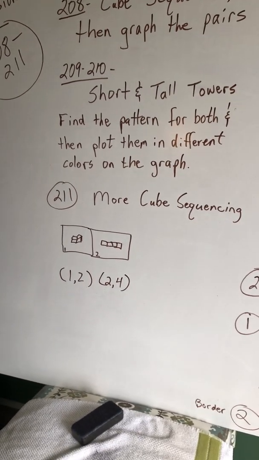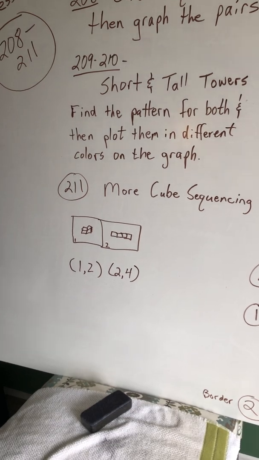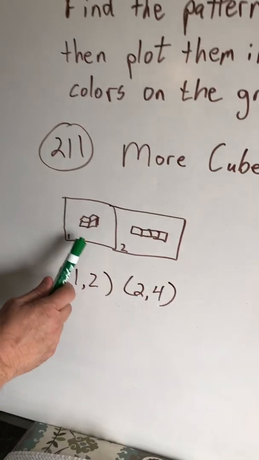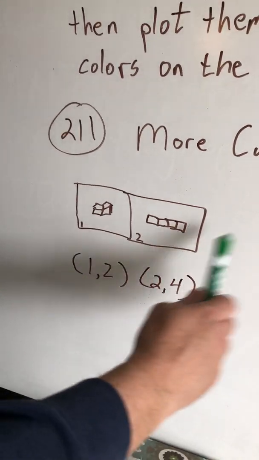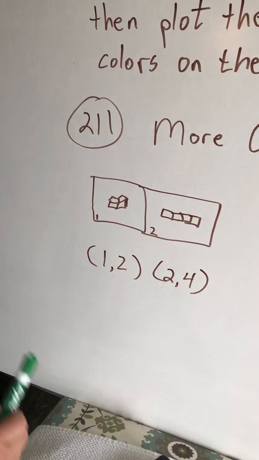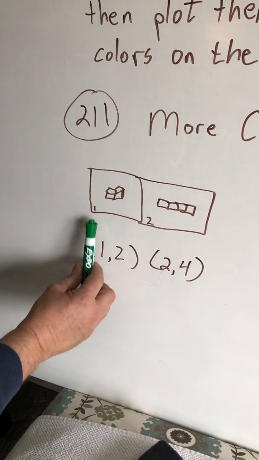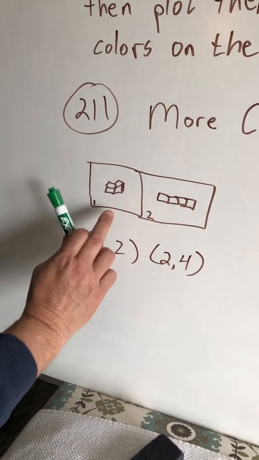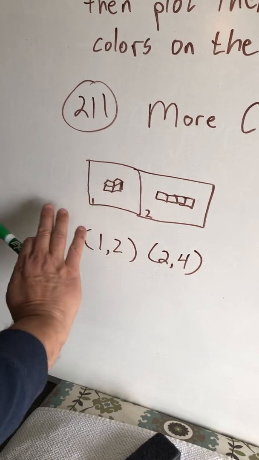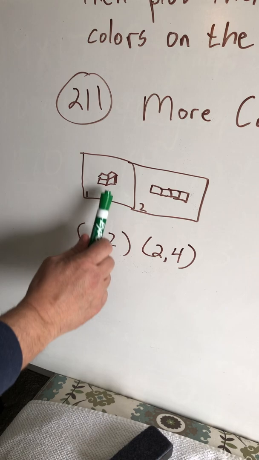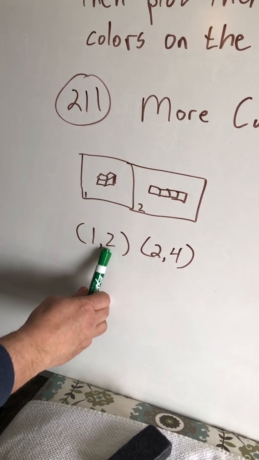And just a quick review, because I don't want somebody forgetting. Remember, when you're making the ordered pairs for these cube sequencings, usually they give you 5 boxes. So the X is just the arrangement that it is. So this is the first one in all these arrangements. So this is 1, 2 because there's 2 cubes in there, okay?